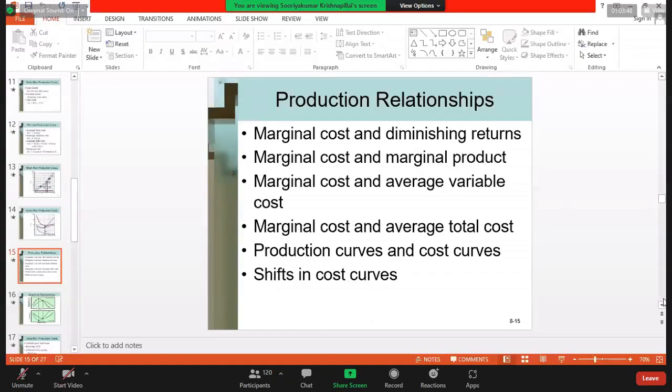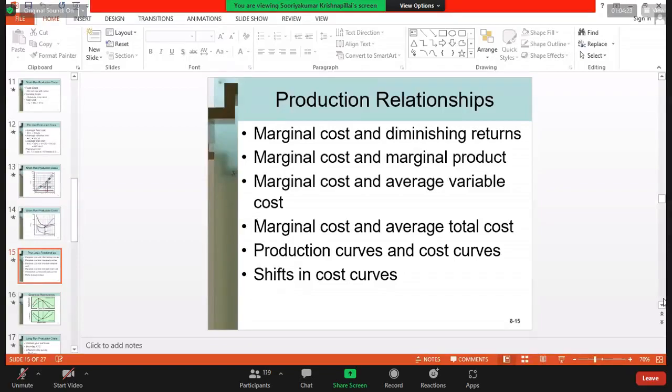Then average total cost decreases, shifts down. Average fixed cost also shifts down because the technology produces more output. So all the curves shift down: average fixed cost, average variable cost, average total cost, and marginal cost shift down if technology improves, because productivity increases.